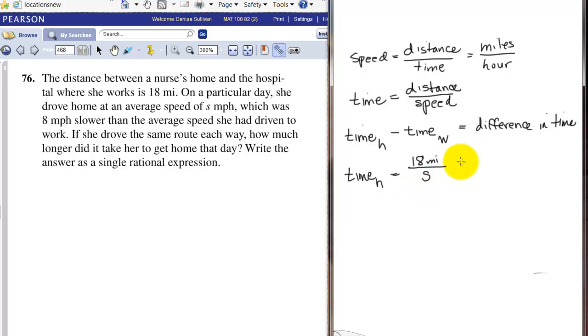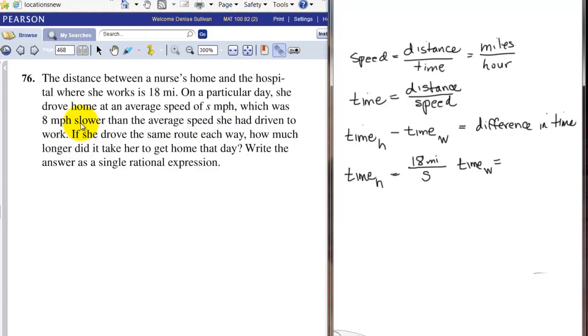And the time to get to work is a little trickier, but we're given that the speed she drove home was 8 miles per hour slower than the average speed she had driven to work.